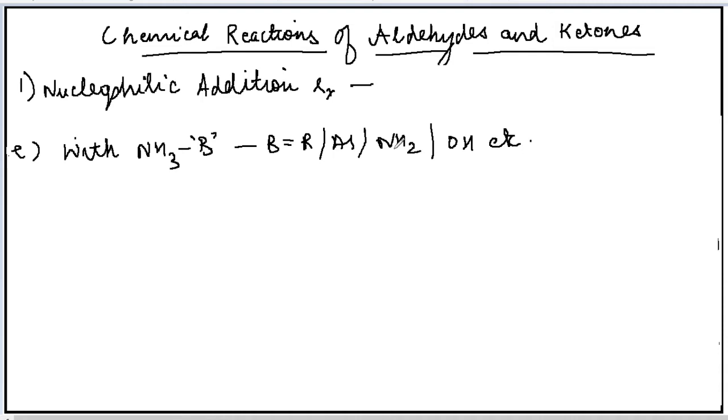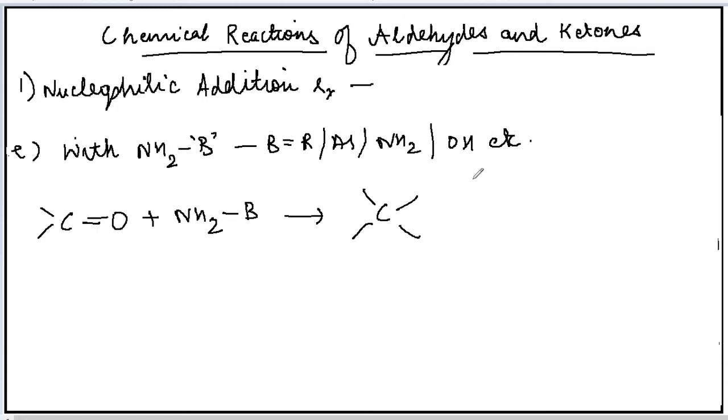Okay. So look how the reaction will take place. This is your carbonyl compound, either aldehyde or ketone. When it reacts with ammonia derivative, this is the ammonia derivative that is undergoing the reaction. So when the reaction takes place with ammonia derivative, first it forms the intermediate, like in all the other reactions also it forms an intermediate.